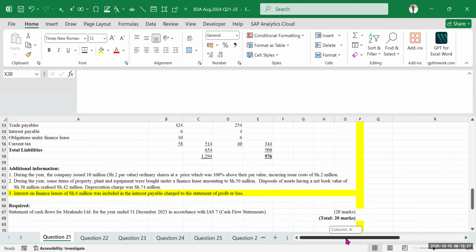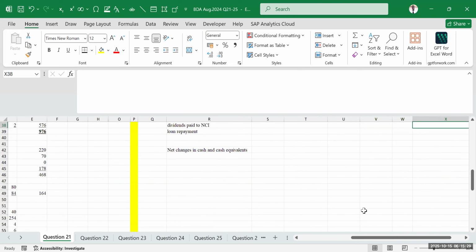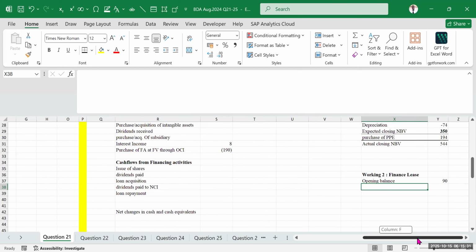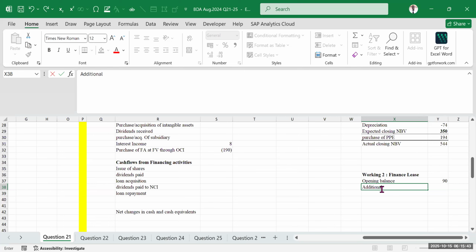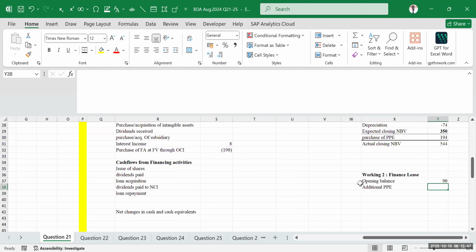Meaning there was an additional lease obligation to purchase some elements of PPE. So we say additional PPE. Let me just leave it at that. I don't have to write so many things. And it is 56 million.